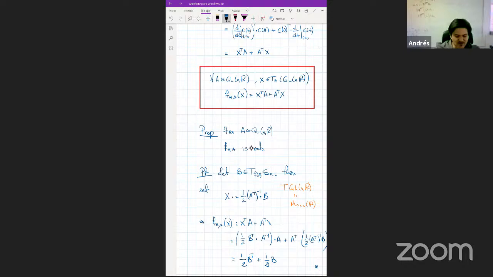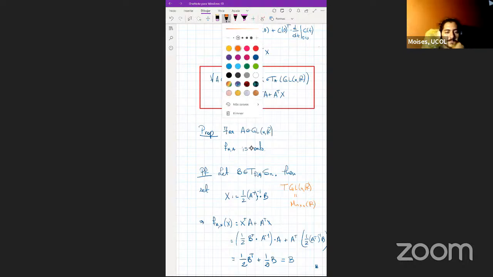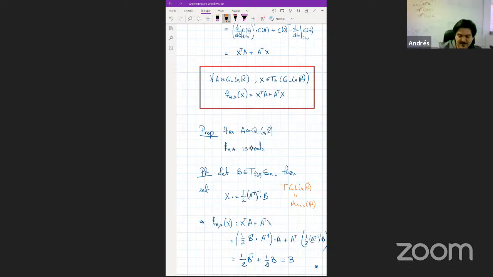Okay, but I don't want to prove that. I want to prove that it is equal to v. Am I doing something wrong, or why is this equal to v? V is symmetric, right. So here, the same thing that we do with the tangent space. We made that identification, right?